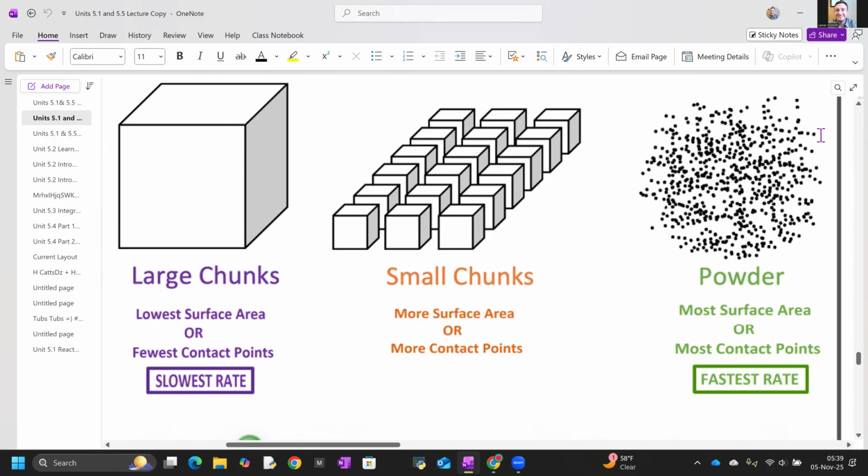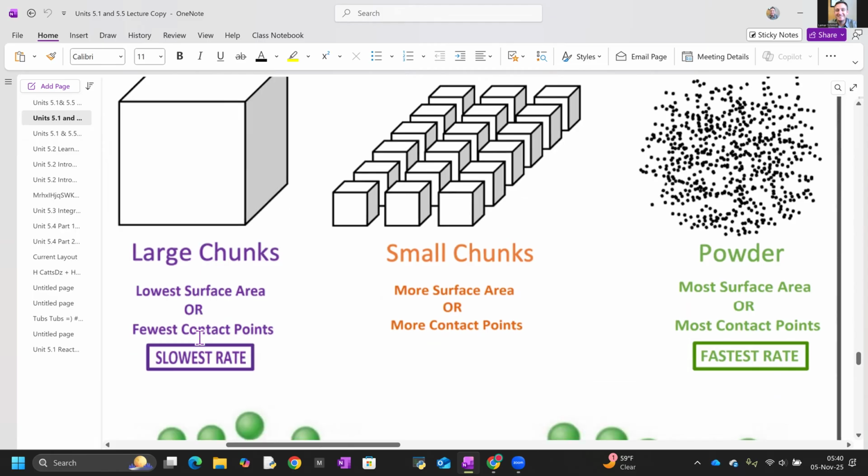Whereas if we have a powder, we're going to see that all surface areas of these tiny little dots, this powder, are all available to react. And so we say the surface area is high. If these particles all have more surface area, then there are more contact points, more areas to react. We're going to have a faster rate of reaction versus where we have fewer contact points and the reactant doesn't have the ability to react.